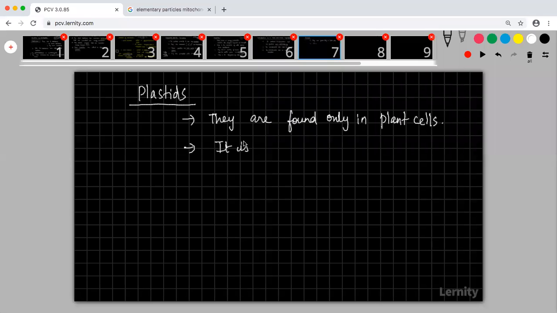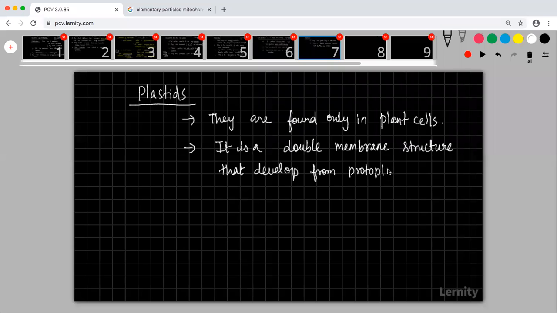It is a double membrane structure that develops from protoplastids. Okay, there are three types of plastids.